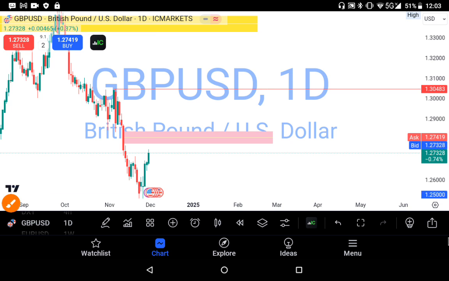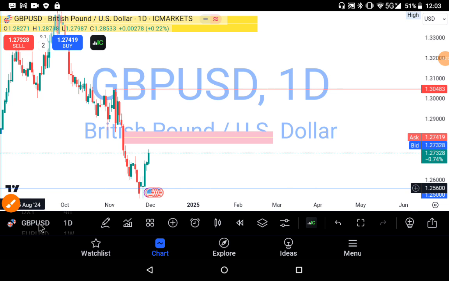I am seeing a volume imbalance here. This level has my interest, then this volume imbalance, then these equal highs.